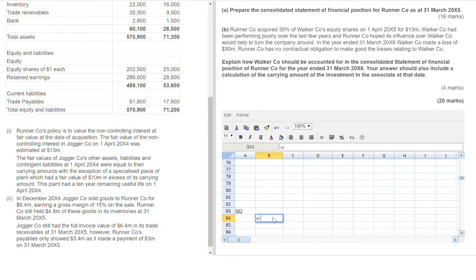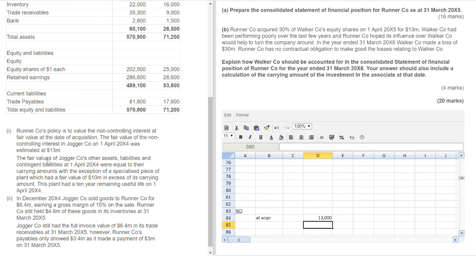And then my NCI acquisition is also then that 13,000, isn't it? Okay. Excellent. Any questions? Feel free to post them on the discussion board. Okay. Yeah, the OpenTuition forum. We're doing pretty well. Yeah, let's move on.